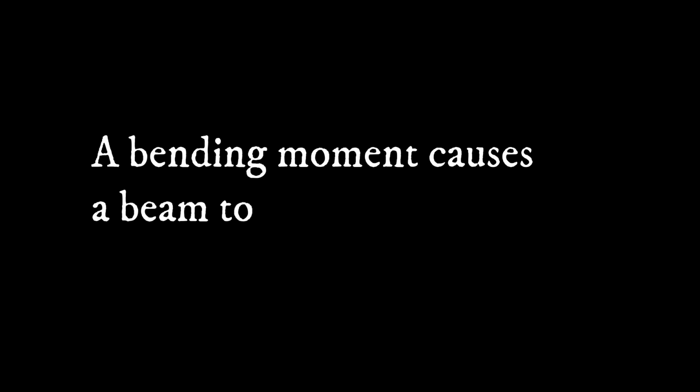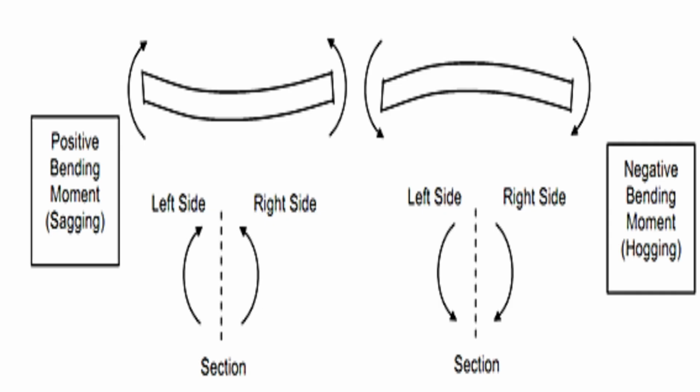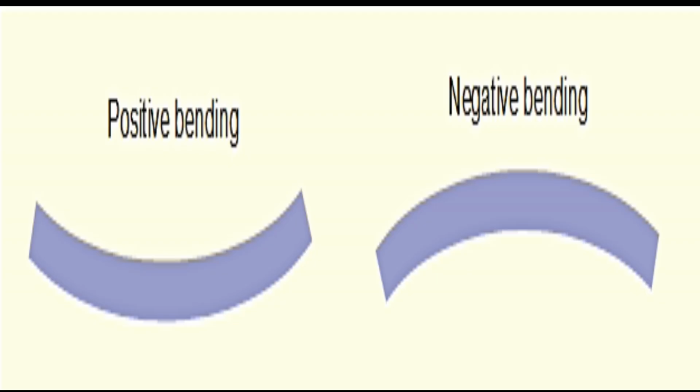Now, let's look at bending moment sign convention. A bending moment causes a beam to bend or curve. When a beam bends downwards in the middle, it forms a sagging shape. A sagging bending moment is considered positive.